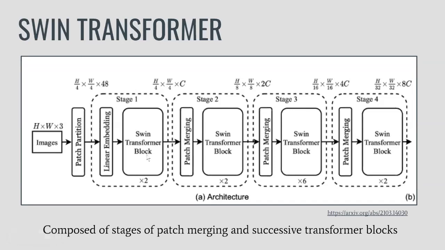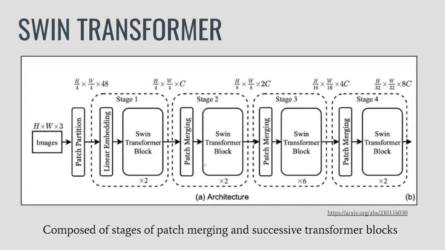To produce a hierarchical representation, the number of tokens is reduced by patch merging. So patch merging is the one that is responsible for the hierarchical representation, and it also reduces the tokens as we keep going deeper down the network.